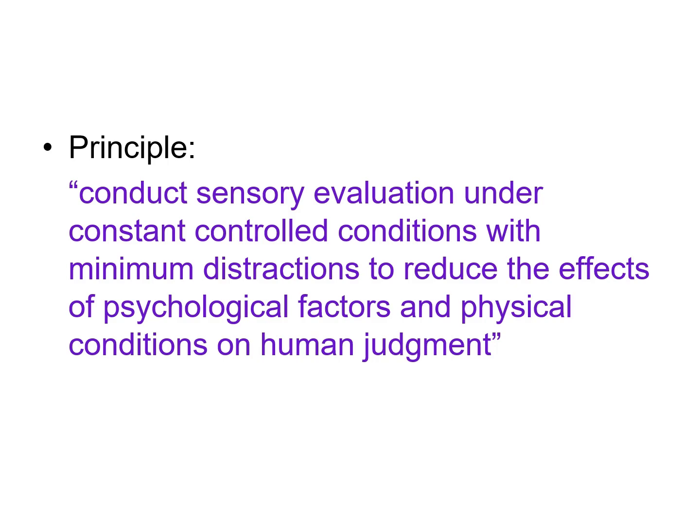As I mentioned in the previous slide, the instrument that we are using in this test is the human sensory system. So we have to minimize the distractions to reduce the effect of physiological and physical conditions that would cause any bias in the result.